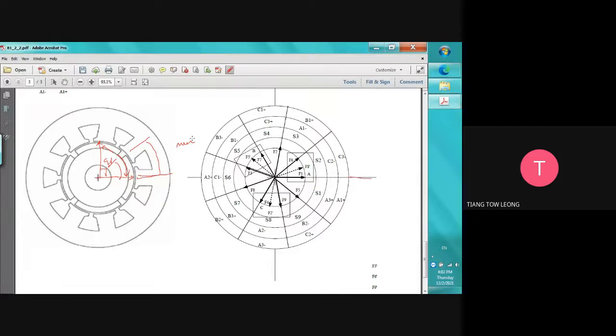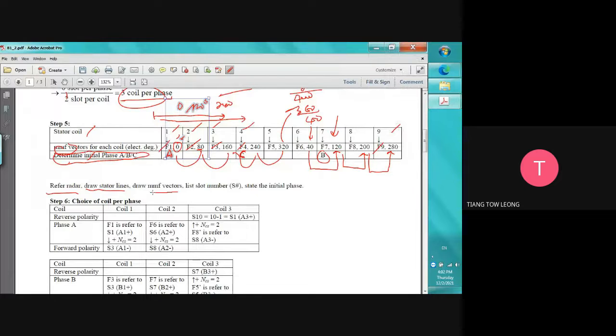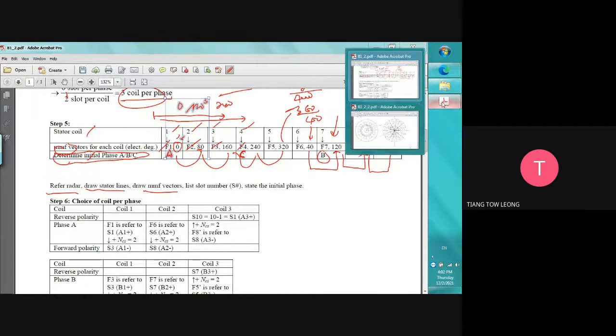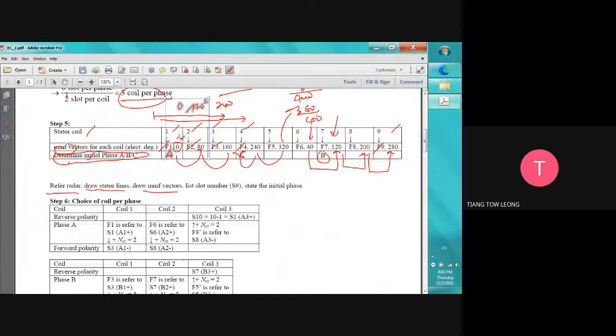Line 1, line 2, line 3, line 4, line 5, line 6, line 7, line 8, line 9. Okay. Next, we need to draw the MMF vector. The MMF vector needs to refer to this one.